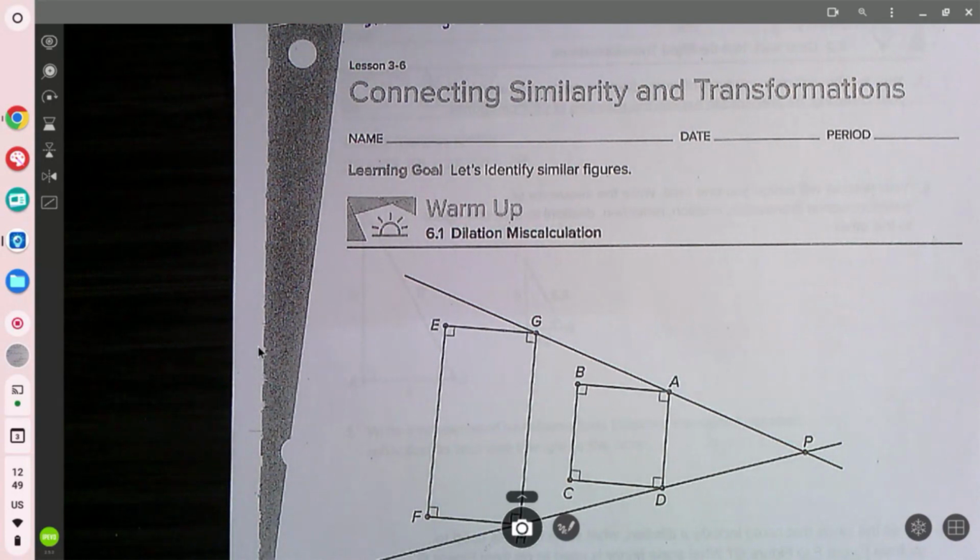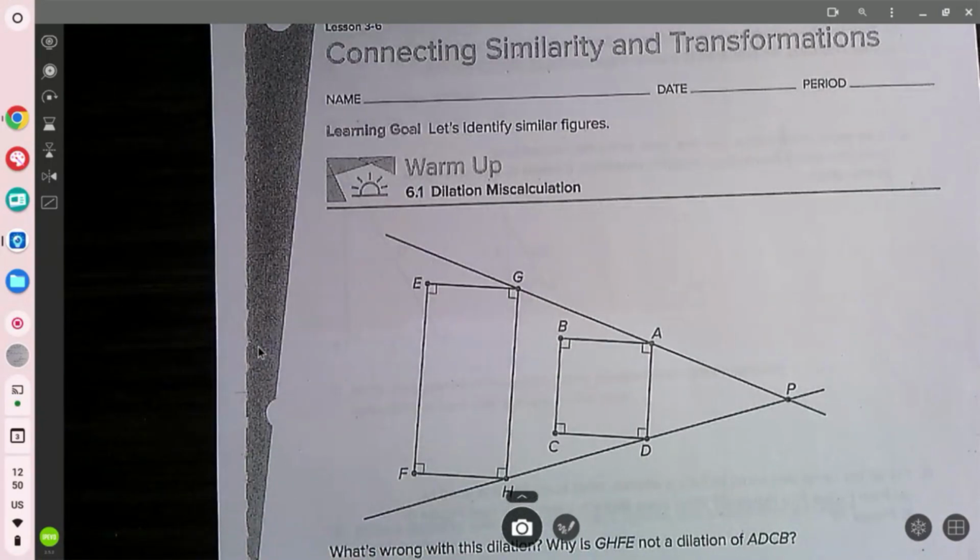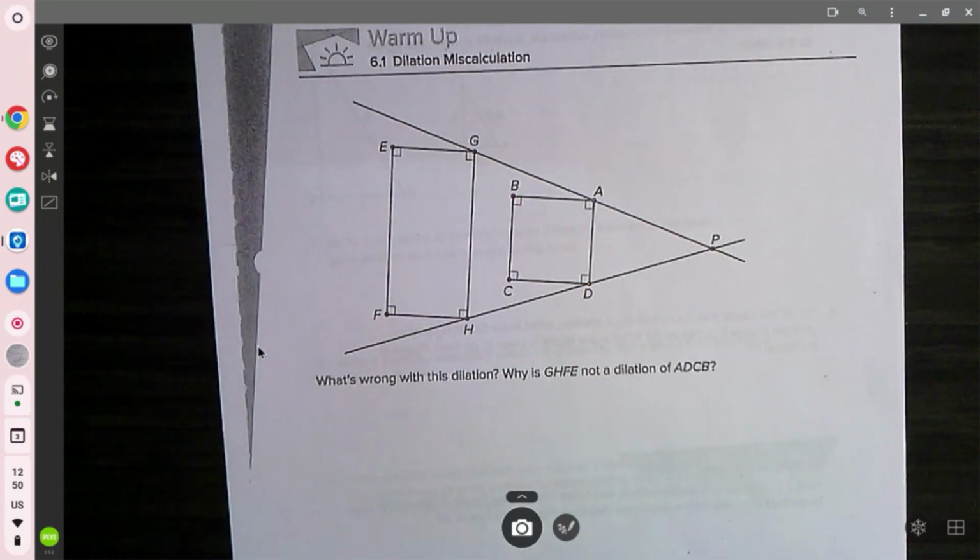Okay, so we're going to be using these transformations here in a second. But let's go ahead and look at our warm-up to begin with. So, we have two figures here. And it says right here that there has been a dilation miscalculation. Okay, so what is wrong with this dilation? Why is quadrilateral GHFE not a dilation of ADCB?